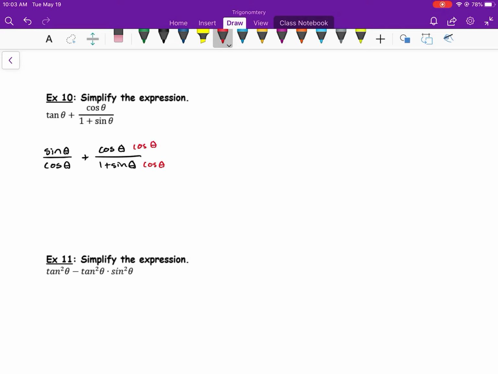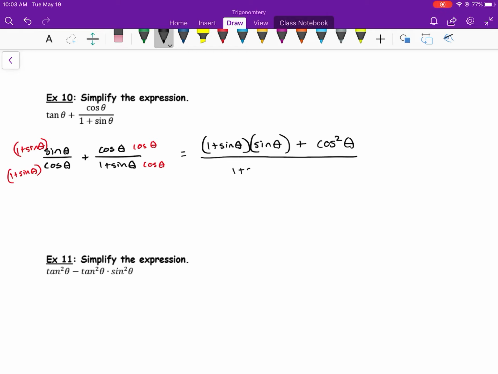Alright, so I'll make common denominators here. So right side needs cosine, left side needs 1 plus sine theta. Okay. So this will give me 1 plus sine theta times sine theta plus cosine squared theta over 1 plus sine theta over cosine theta.